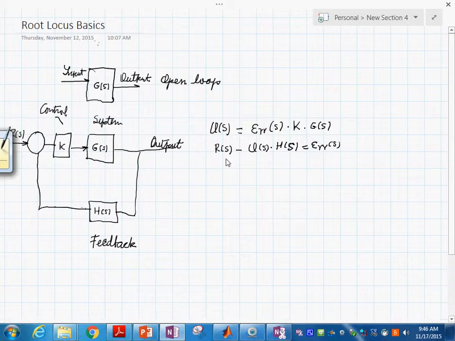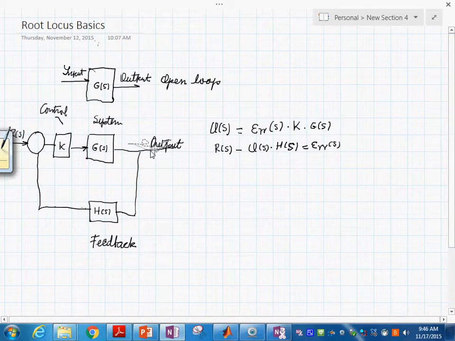Okay? If we want a relationship between this point that is the input and the output, then we have to eliminate this error of s and put it into this equation.